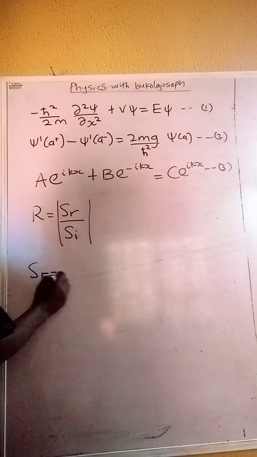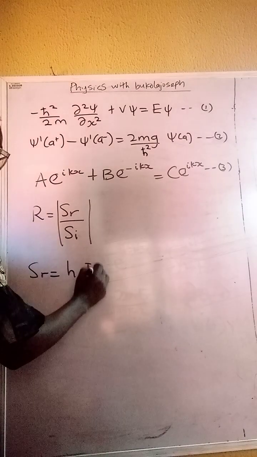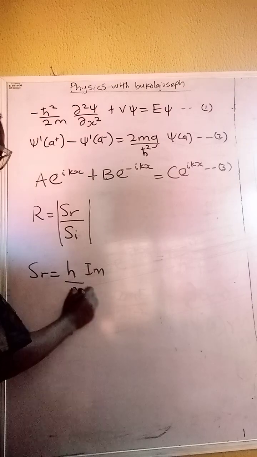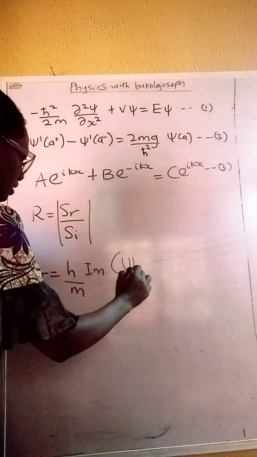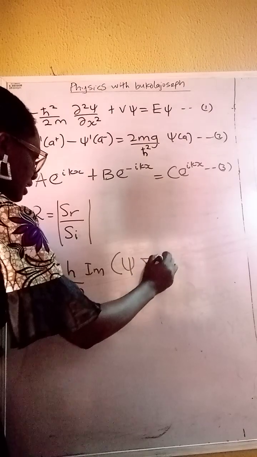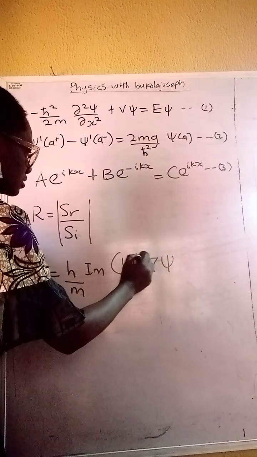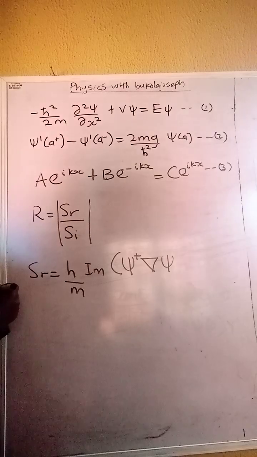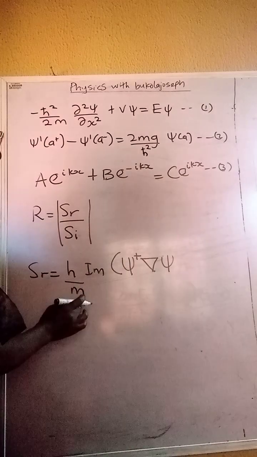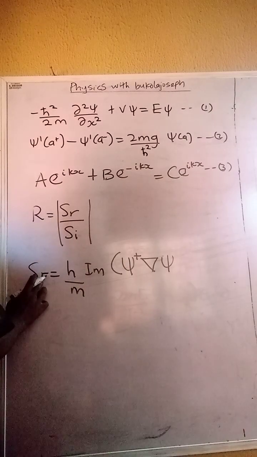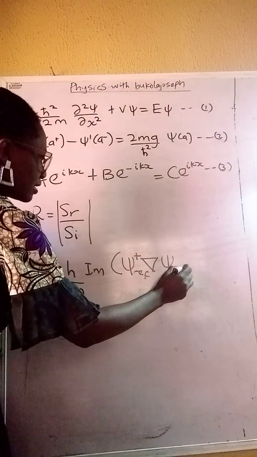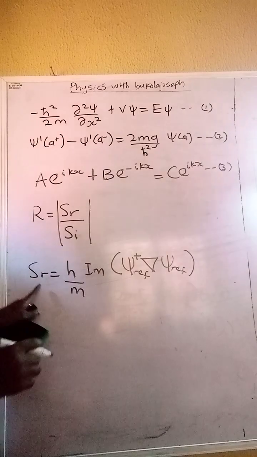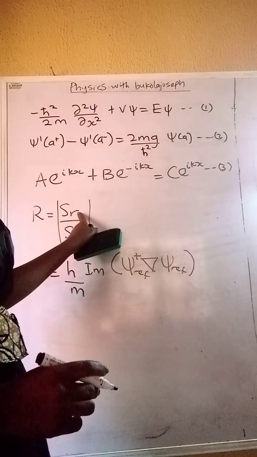The formula for S_R is h over m times Im of psi dagger, the conjugate of psi, reflected, d psi reflected over dx. This is the formula we're going to use to find S_R.